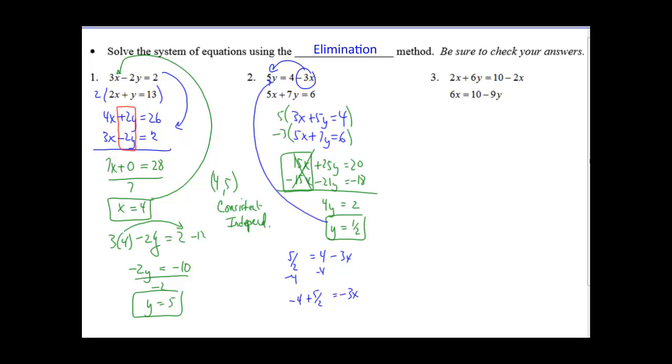So if we put this side together with a common denominator, you get negative 3 over 2. So we get negative 3 over 2 equals negative 3x. If we divide by negative 3, you also get x equals 1/2. So our point is (1/2, 1/2). This is, yes, consistent and independent.